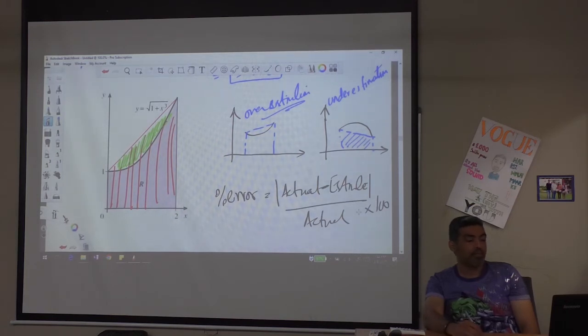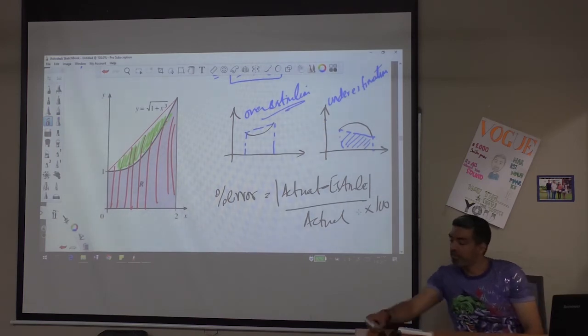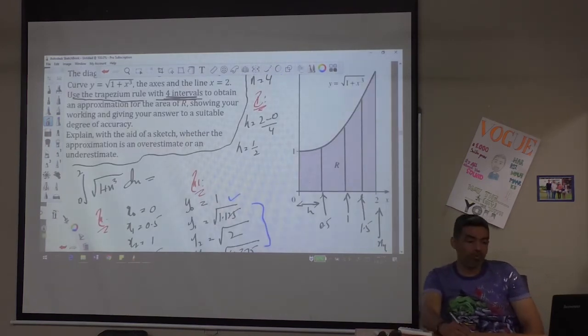Acha, one more thing. In the question, guys, hear me out. This is important. In the question, he said use 4 intervals. Now notice something. When you were given 4 intervals, how many are these? These are called ordinates. 1, 2, 3, 4, 5.